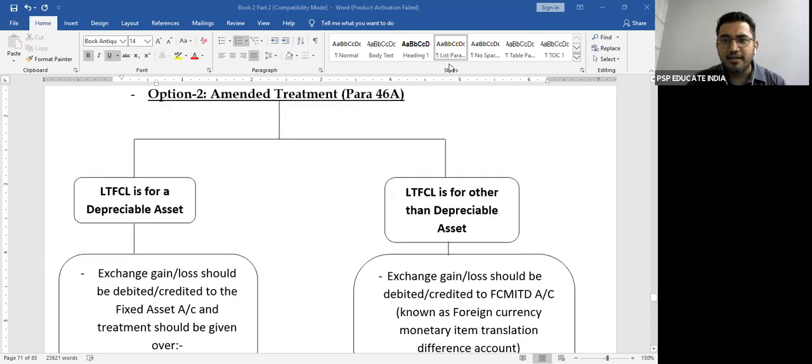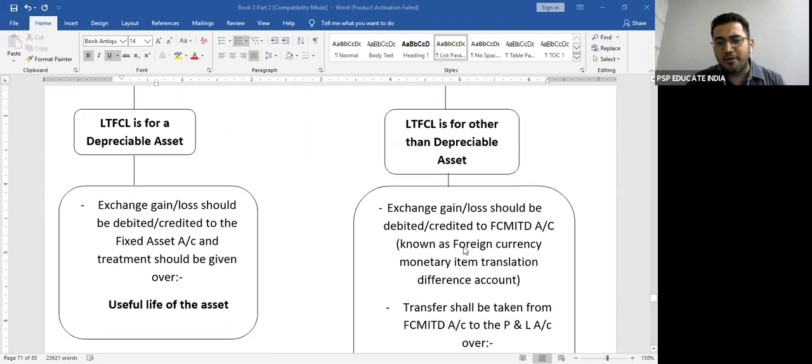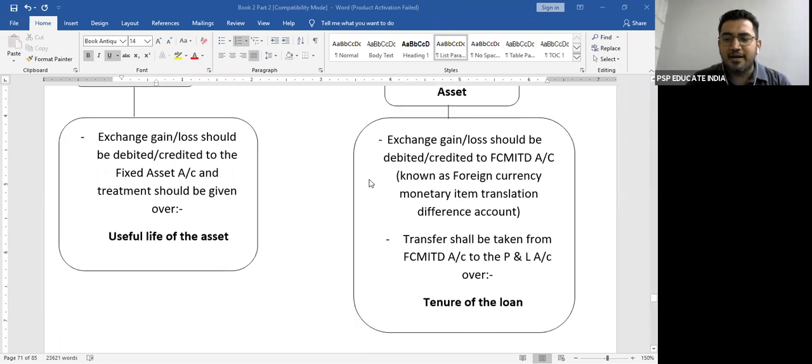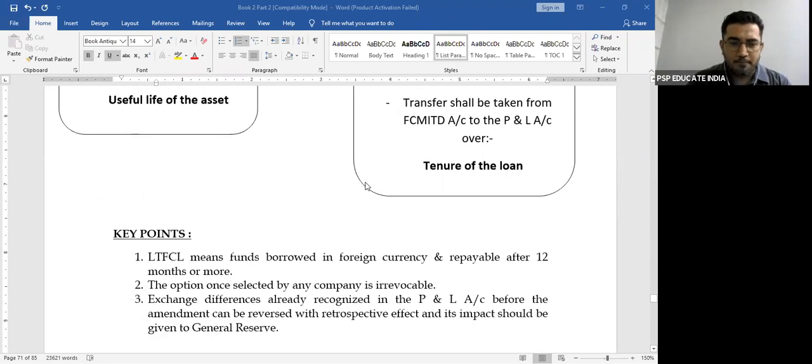On the other hand, if LTFCL is for other than depreciable asset, in that case, exchange gain or loss should be debited or credited to a special account known as foreign currency monetary item translation difference account, also known as FCMITD account. And transfers shall be taken from FCMITD account to the profit and loss account over the tenure of the loan. Right?